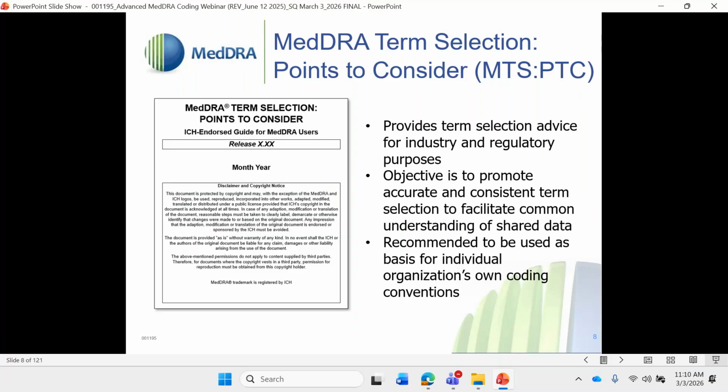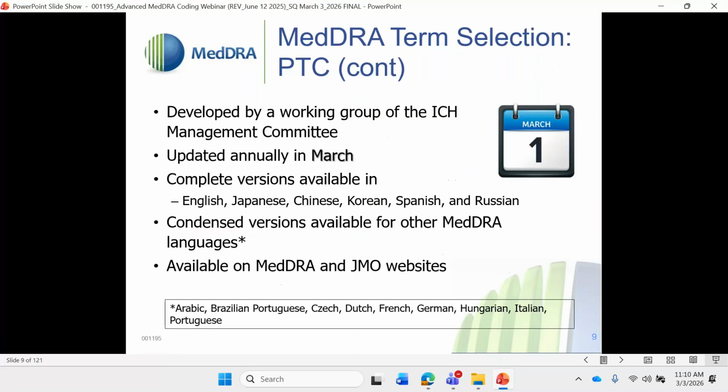Now, this document is released with every complex version release of MedDRA, or the .0 version release. This document was developed by a working group, as I mentioned at the very beginning, of the ICH, or the International Council for Harmonisation's Management Committee. It's updated annually every March 1st.